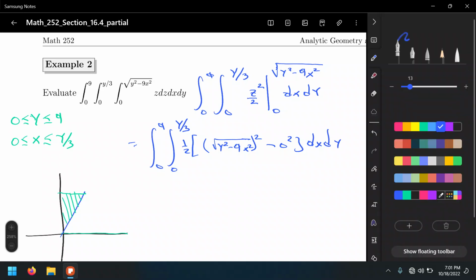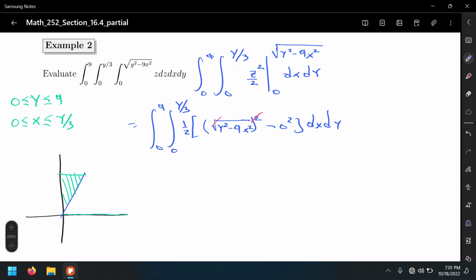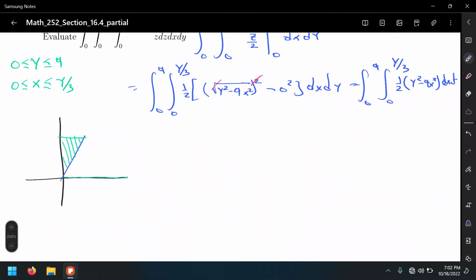The good thing here is this radical gets cancelled with this exponent. That's going to give us an easier integral to work with instead of having to do a u substitution. So that's going to leave us with the integral from 0 to 9, the integral from 0 to y over 3 of 1/2 times y squared minus 9x squared dx dy. So that's the integral here.